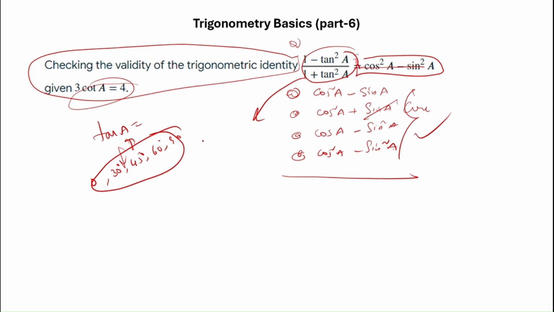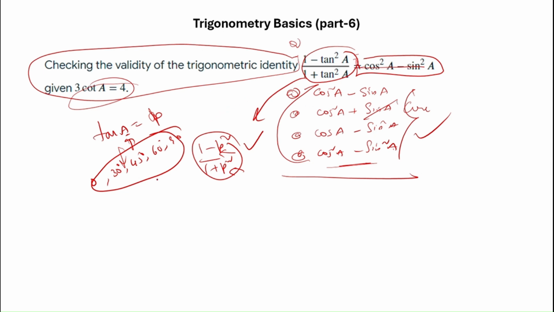For example, if tan A is equal to some P, then it is 1 minus P square by 1 plus P square, where P is a numerical value. So I will get one numerical value for this expression. If you substitute the same in the options, I may get a similar value in one option, so that I can find the correct option after knowing the tan A value.